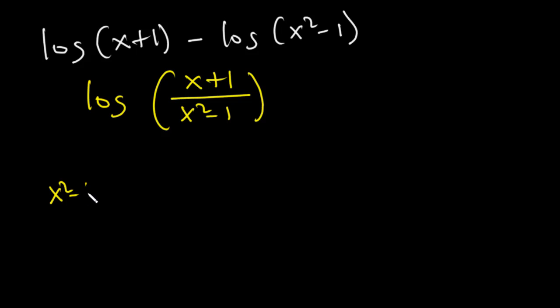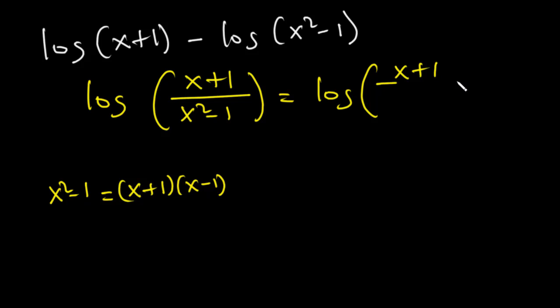Now x squared minus 1 is equal to x plus 1 times x minus 1. So it's finally going to be log x plus 1 divided by x plus 1 times x minus 1.